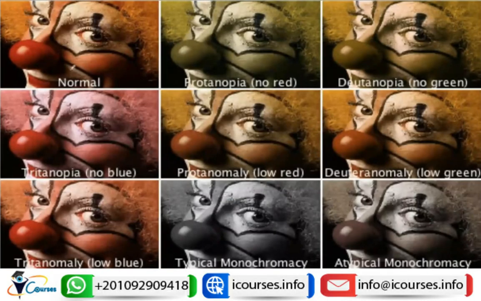So this is also a nice photo showing the normal, and then the protanopia, the deuteranopia, and the tritanopia. How does each one of them see, and also the monochromacy. The monochromatic patient can see only in gray color in the typical form, or sometimes there may be some functioning cones giving some atypical monochromacy.